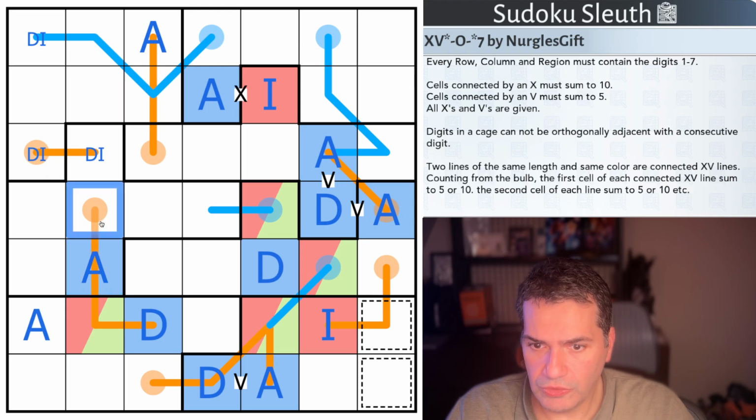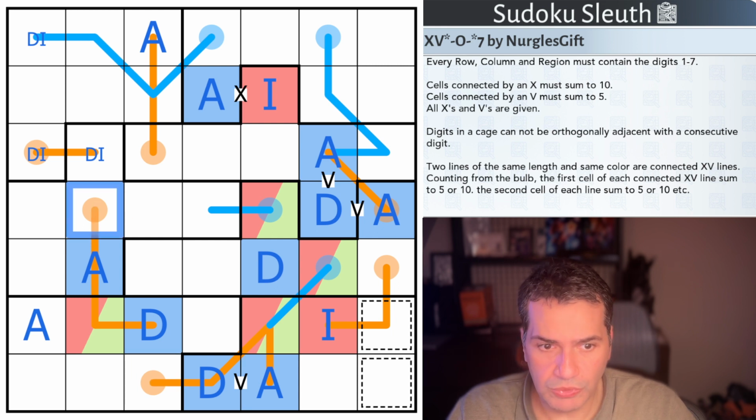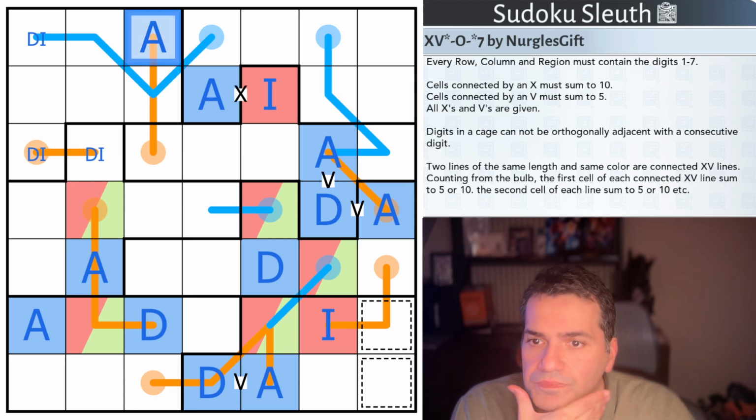This is not A or D. It's obviously not I. It could be F, but F here would require a D there, which is problematic. So this is blue-green again, as in the BC kind of groupings. And that's all 7 A's, isn't it? 1, 2, 3, 4, 5, 6. I'm missing 7. Fine, this is good.